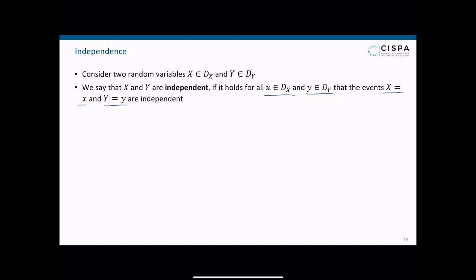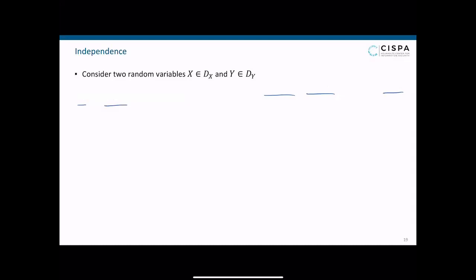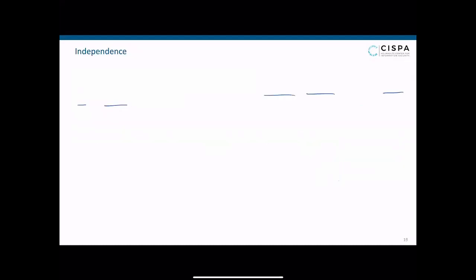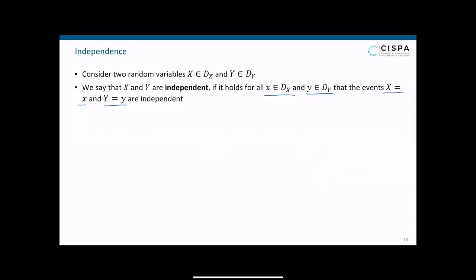And now you ask yourself again, wait, the event X equals x, that was just the shorthand for this E_x. So for random variables, we often write events as X equals something, or X is in some set, or what not. Okay, so two random variables are independent if all events that model elementary outcomes of these random variables are independent.